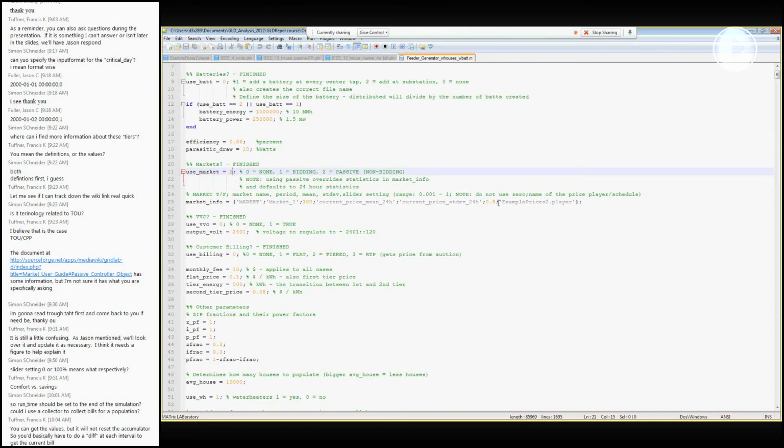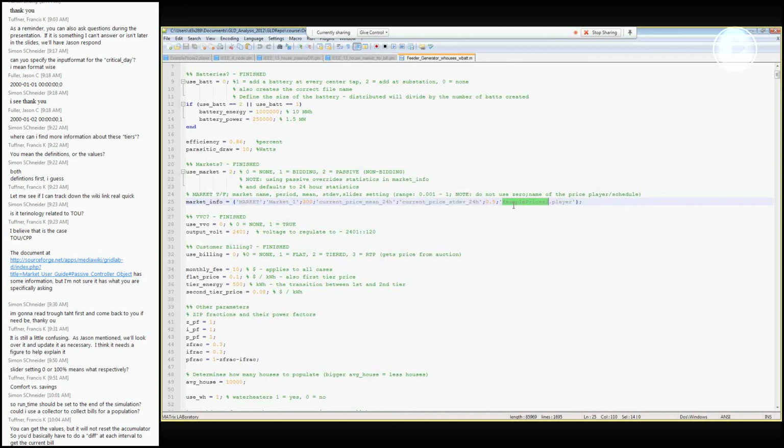This is a bunch of information that basically sets up the market info. What's the name of it, true or false, is this going to be a market? What's the name of the market? What's my period? What statistics am I going to collect? What's my average slider setting? And then what's my price slider?